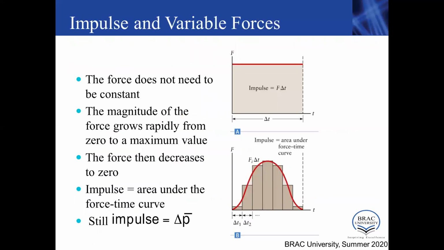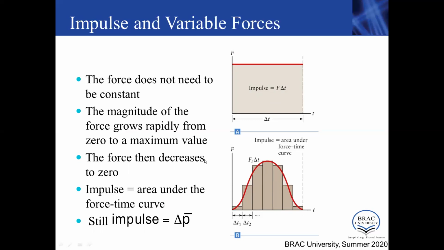Now, impulse and variable force. The first figure shows a constant force. In the case of a constant force, if the time interval and the value of the force are given, we can easily calculate the impulse as F delta t. But if the force is not constant, it starts from zero, increases to a maximum value at a certain point, then decreases again to zero.